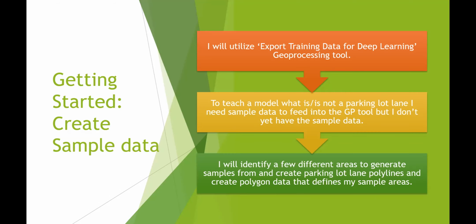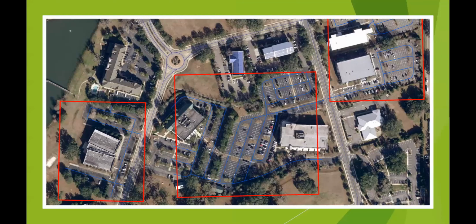Okay. So the first step is utilizing the export training data. We need to create training data for the model to learn. The goal is to feed in the data so that the model can learn what a parking lane is and what it is not. So what I need to do is generate a few different areas of samples to create a good set of data to train on.